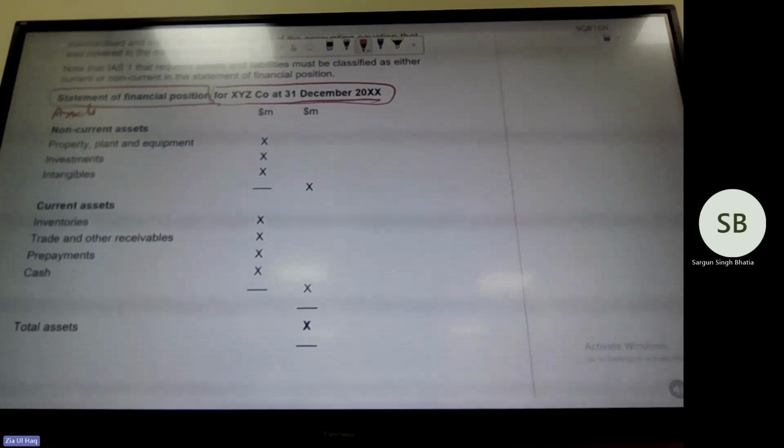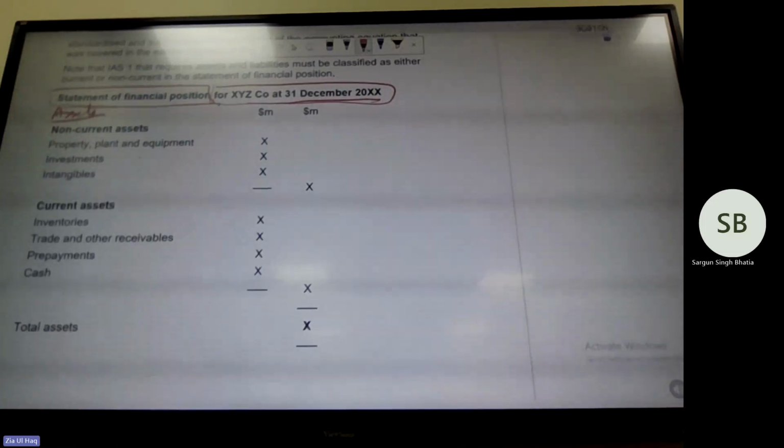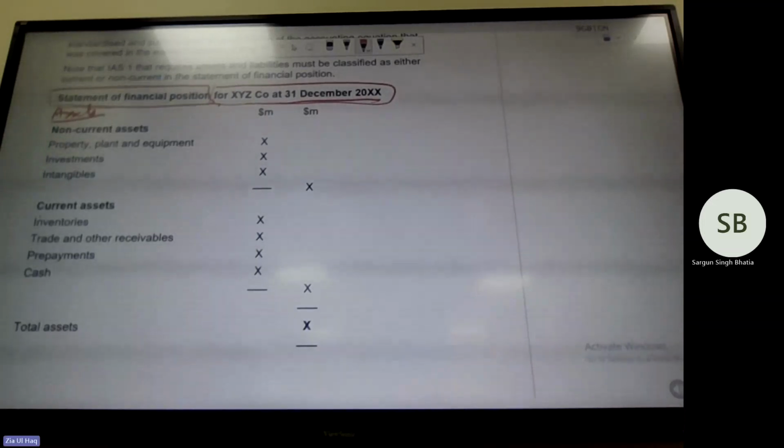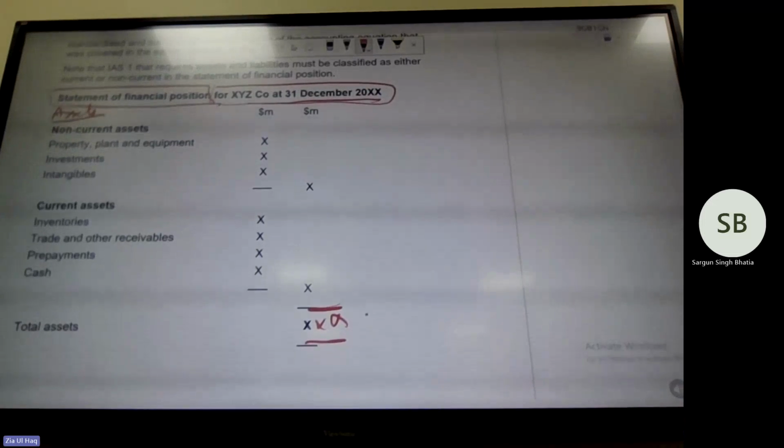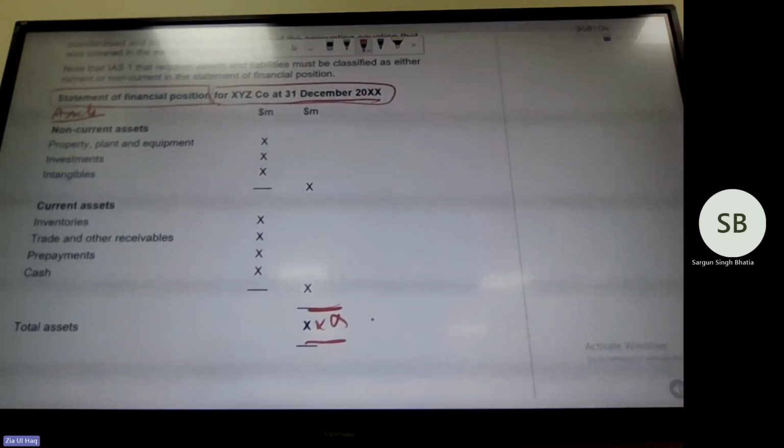We record non-current assets first, like property, plant and equipment, investment, intangibles, and we make their total here. And then we record current assets: inventory, trade receivables, prepayments, cash, and we make their total here, and we calculate total assets. And this total assets figure should be equal to equity plus liabilities.